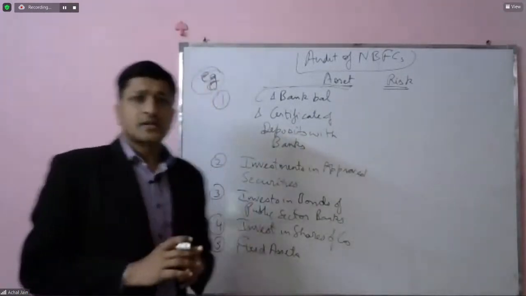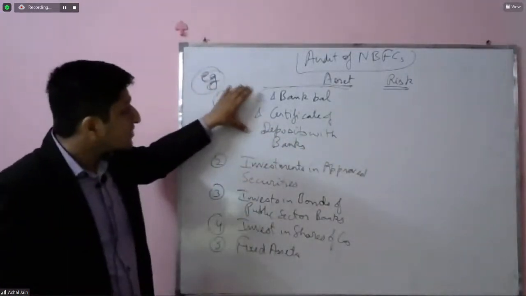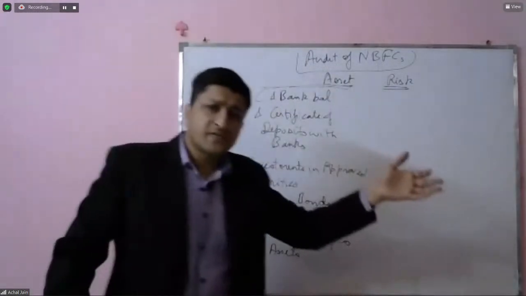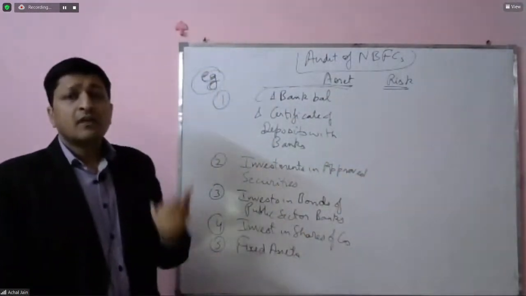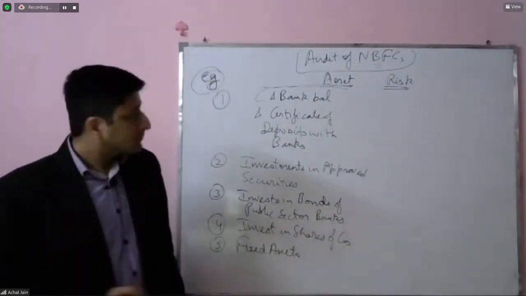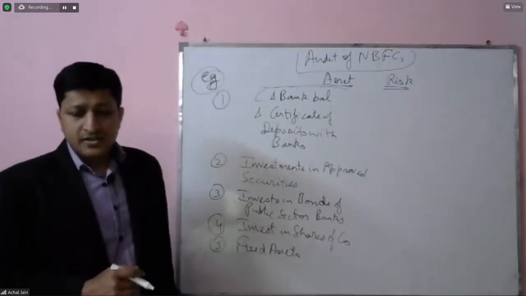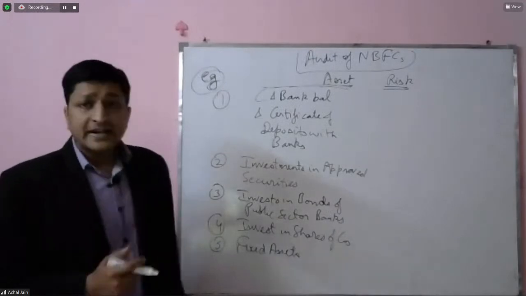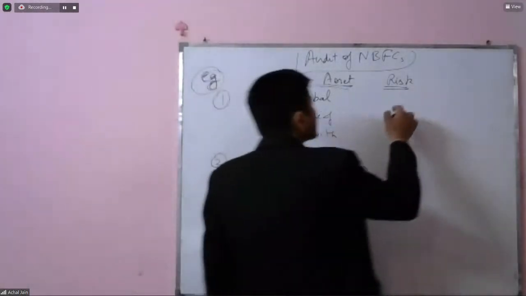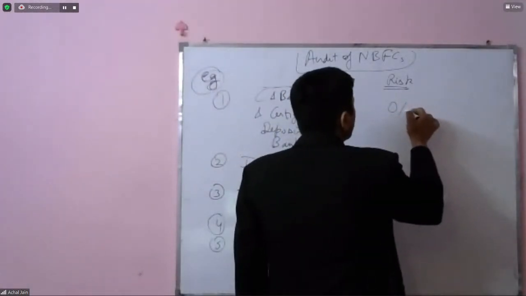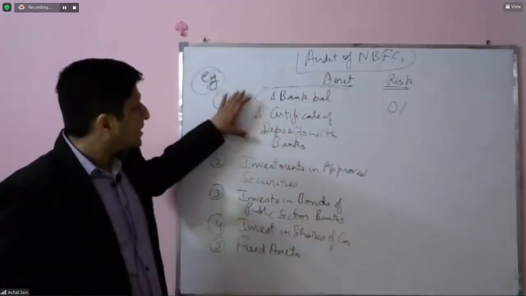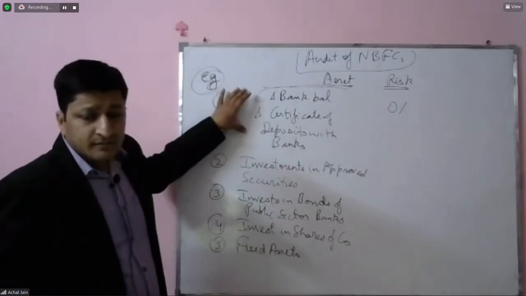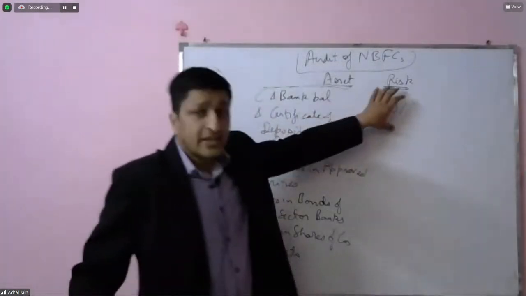RBI assesses that in relation to such type of asset of any NBFC, what would be the risk? RBI has assessed, or we can say currently this risk has been assessed to be 0%. Means if the asset is in the nature of this, then there is no risk in that asset.